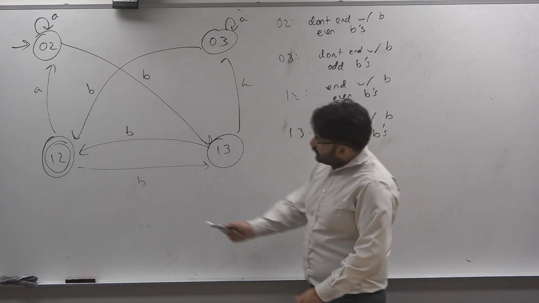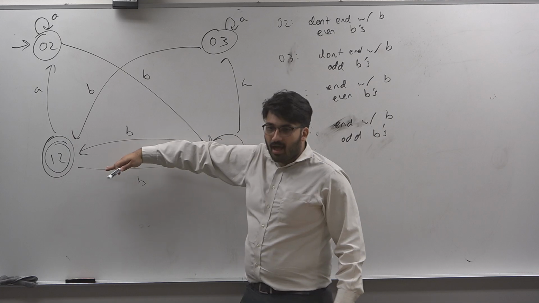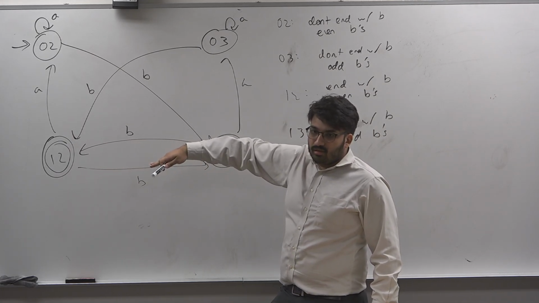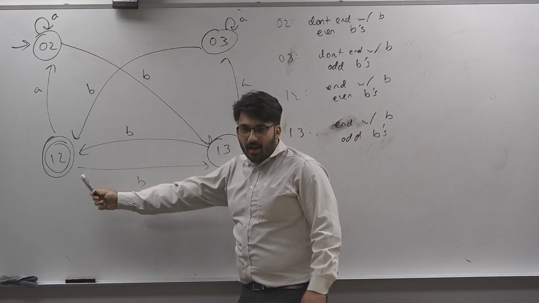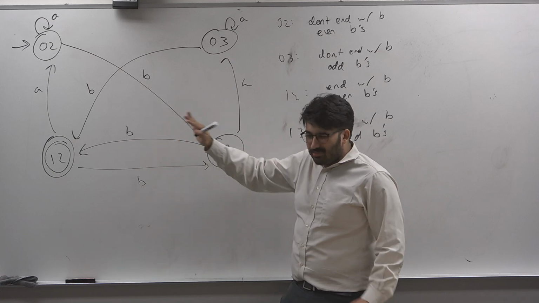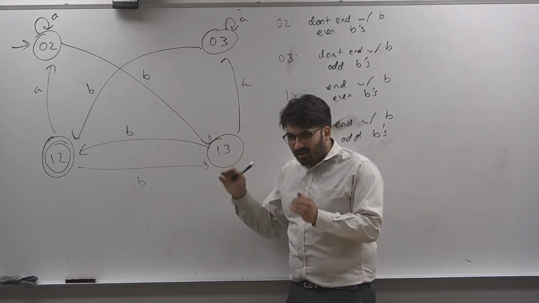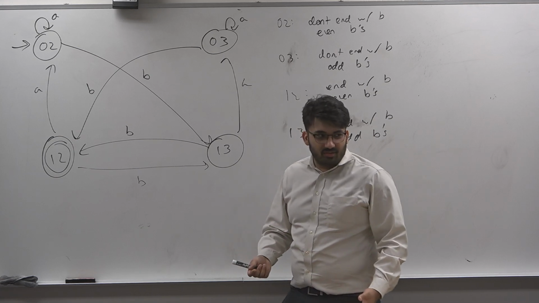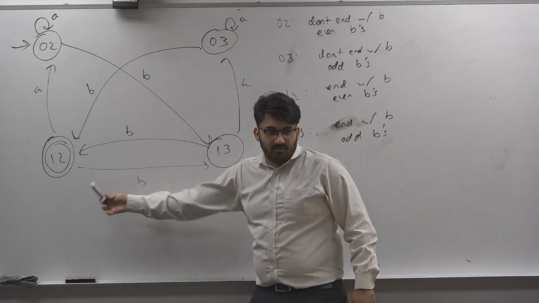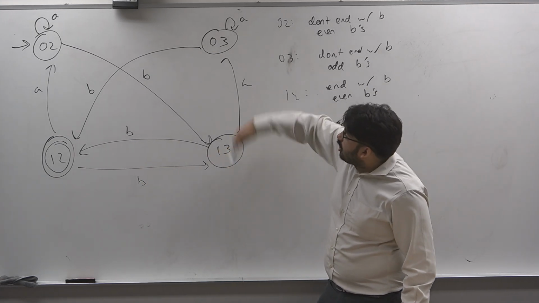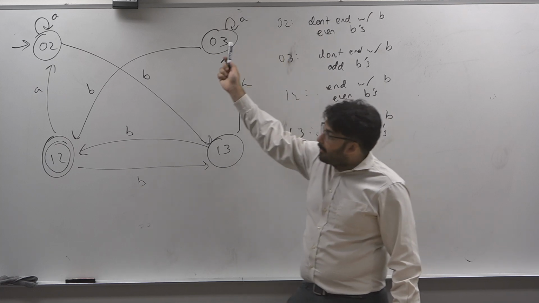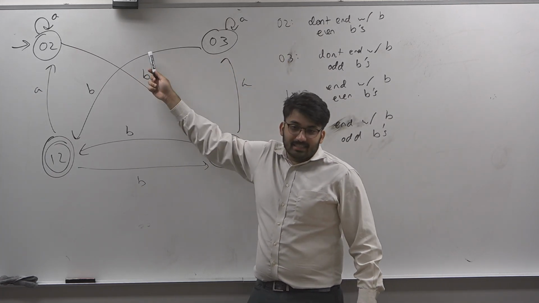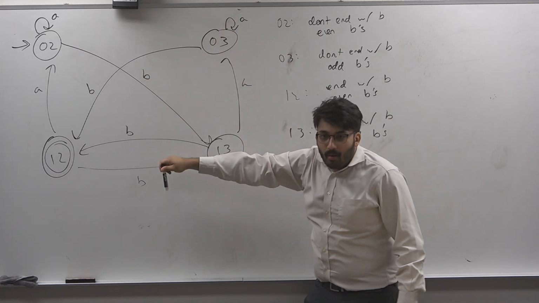If you're in the bottom half, the last thing you saw was a B. And this then keeps track, okay, I ended with a B, but I'm counting the number of B's to make sure I end with an even number of B's. That's what this keeps track of. And as soon as you see an A, you go above. When you're in the top half, it means I didn't end with a B. And then as soon as you see a B, you go back to the bottom, right?